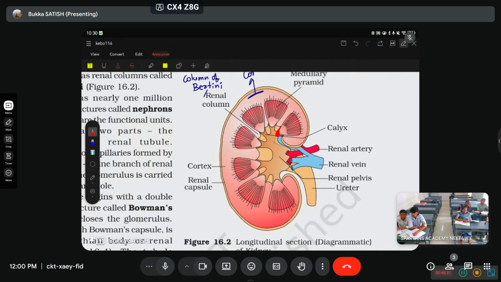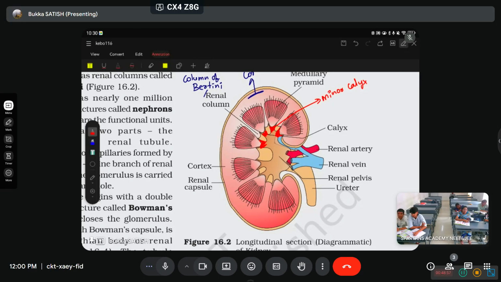This is the tubular structure into which the medullary pyramid is actually opening. Only see this branch, this one, right? But this is what we call minor calyx. All these are calyxes only. Each branch is calyx only, but the smaller one is what we call the minor calyx.